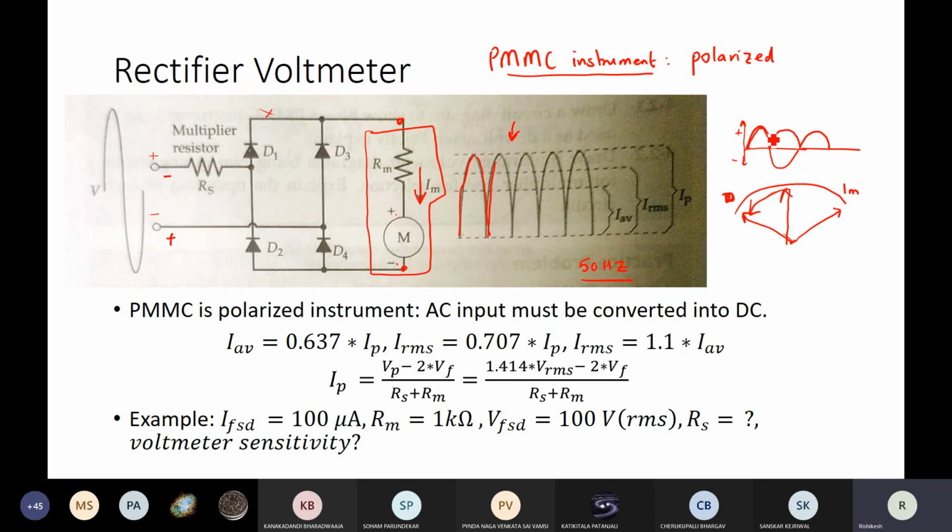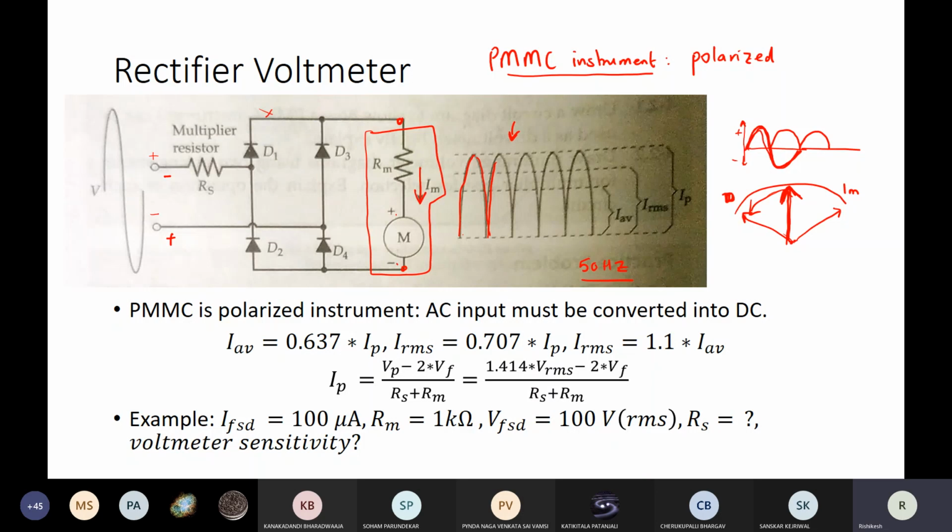The pointer of the deflecting instrument will settle to zero, or the average value of the input. Now, what is the average value of a sinusoidal signal? It is zero, right? So it will settle down to zero. It will not show any particular fixed value.